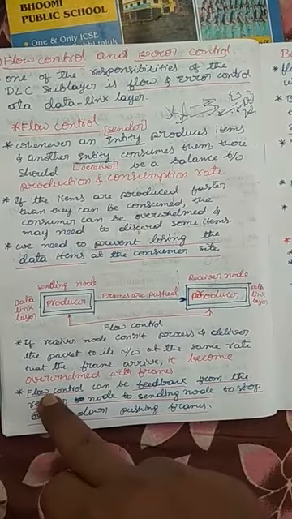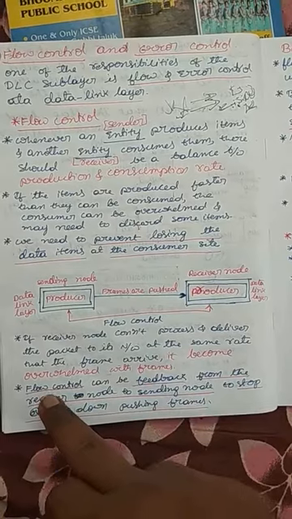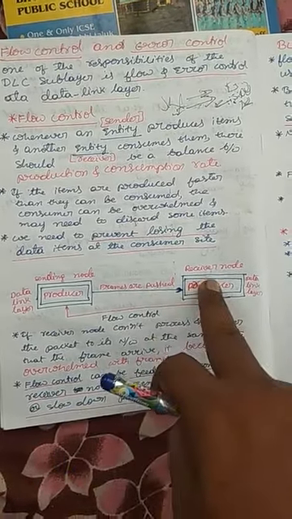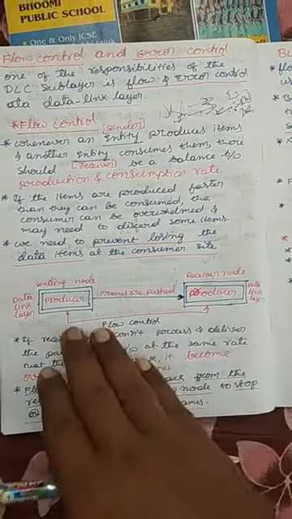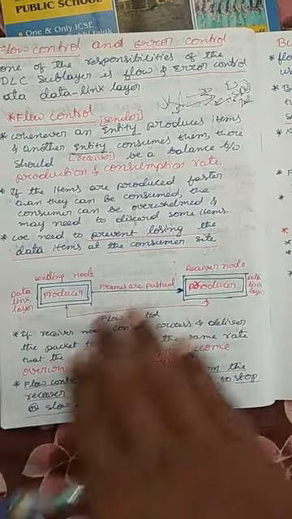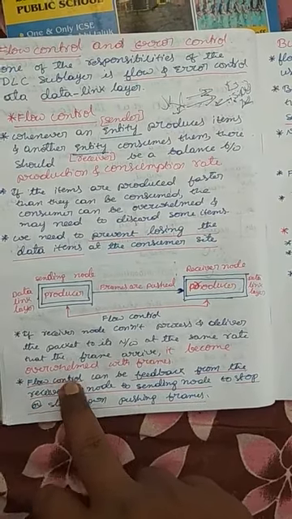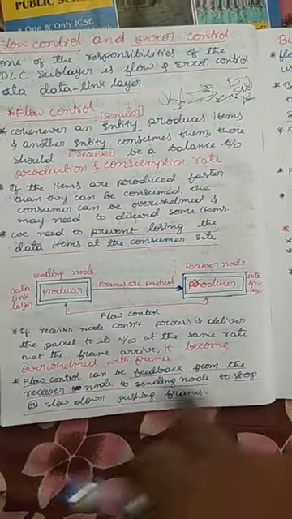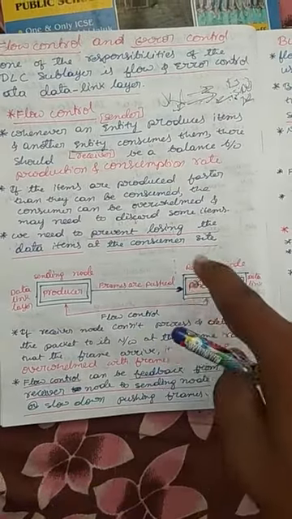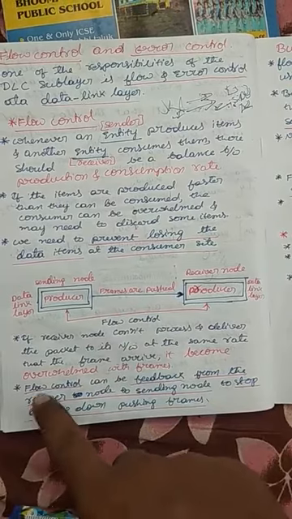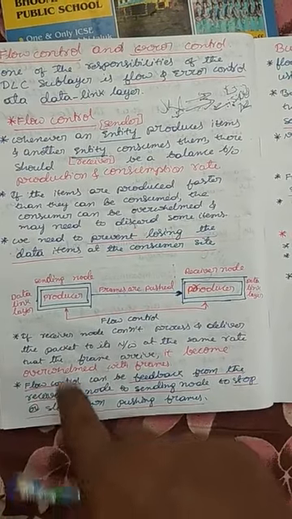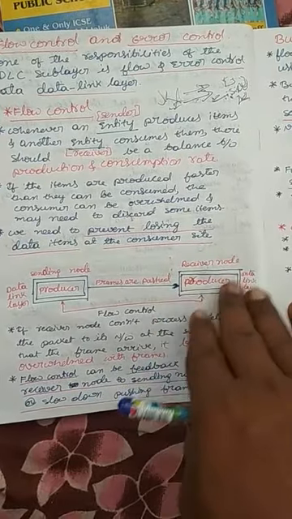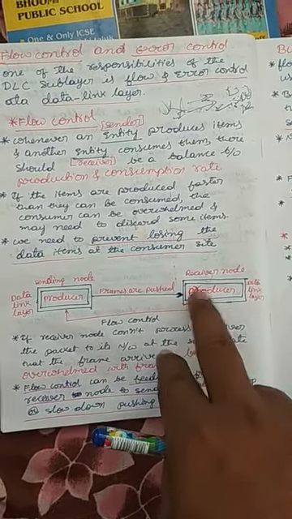To overcome this, flow control can be used as feedback. We have to balance from both sides, means we have to use flow control. This is the feedback from the receiver node to the sending node to stop or slow down the pushing of frames.